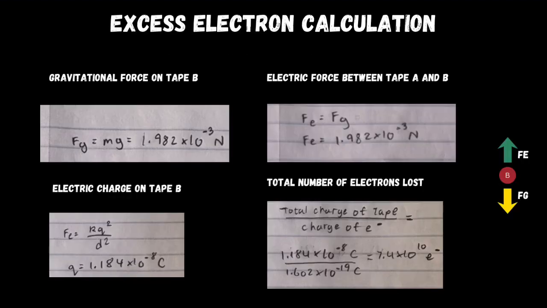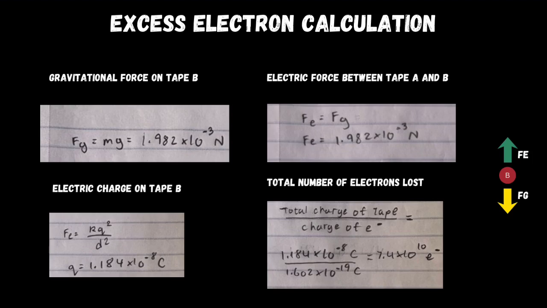So how were the excess electrons calculated? Excess electrons on tape B were calculated. First, I determined the gravitational force on tape B, which was just mass times gravitational acceleration, which gave me 1.982 times 10 to the negative 3 newtons. And then the electric force between both tapes: Fe is equal to Fg, because both of them just cancel out.